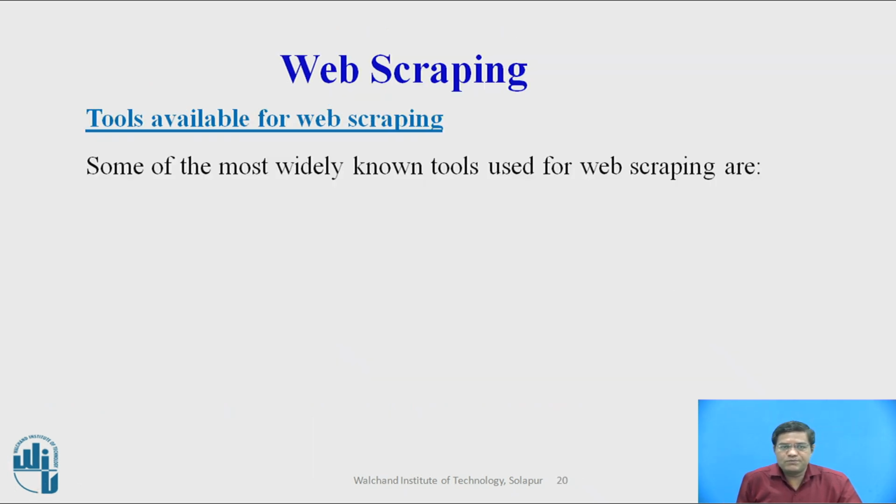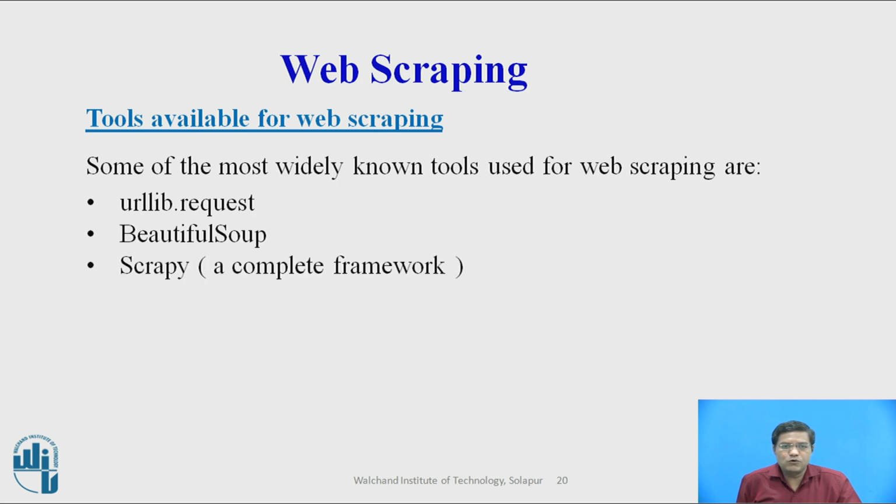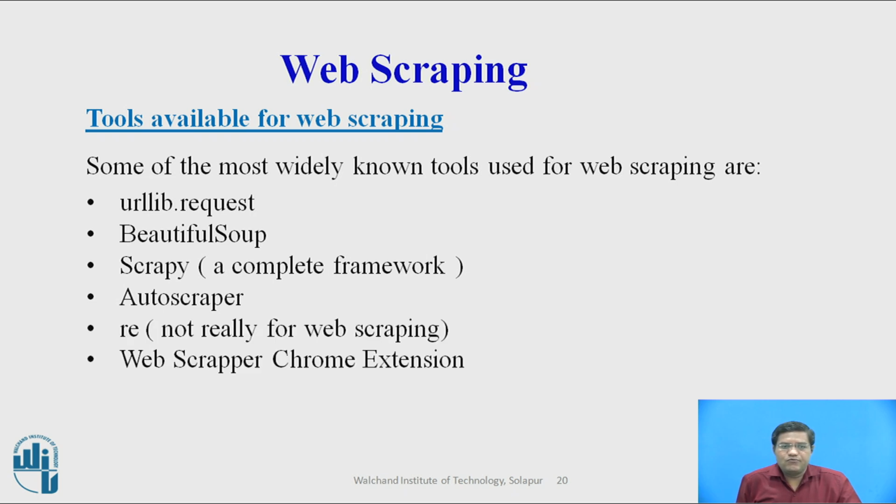Tools available for web scraping. Some of the most widely known tools used for web scraping are urllib.request, Beautiful Soup, Scrapy, a complete framework, AutoScraper, RE, that is regular expressions, and the Web Scraper Chrome extension. Among these, urllib.request is used for extracting and accessing the web pages, and Beautiful Soup is used to clean the data from the extracted web page.